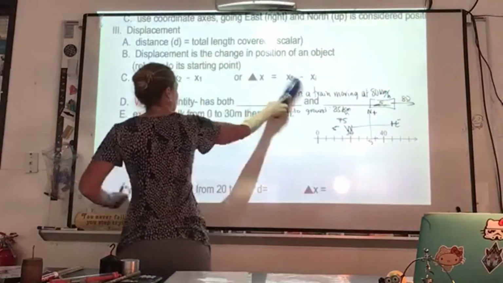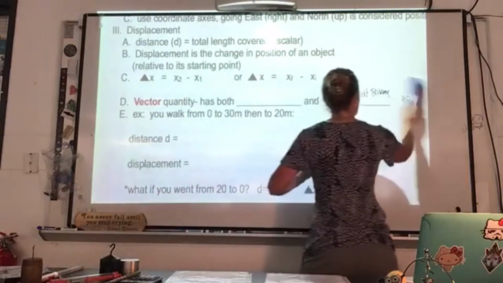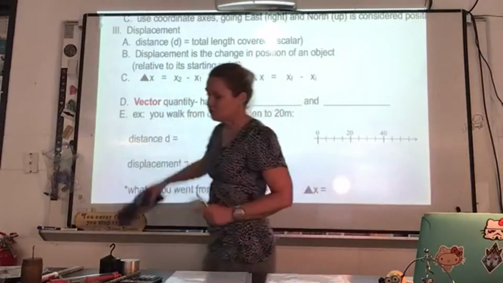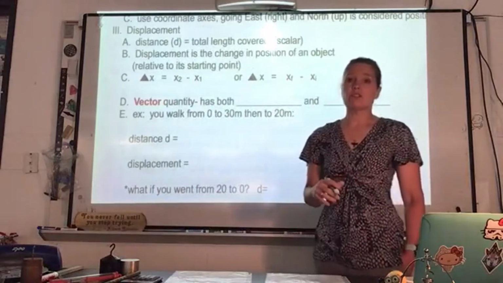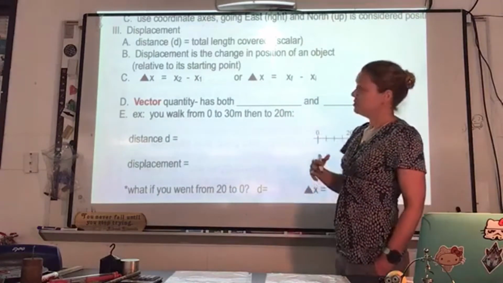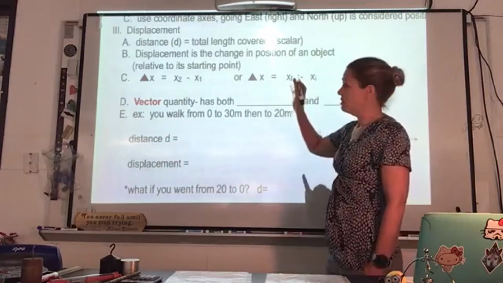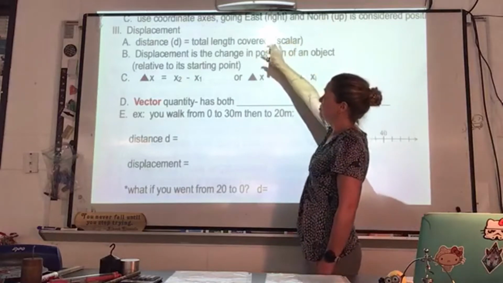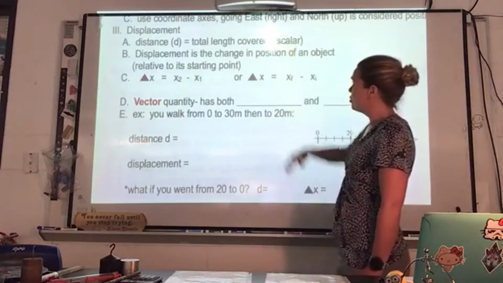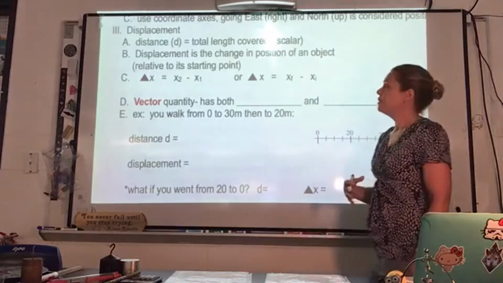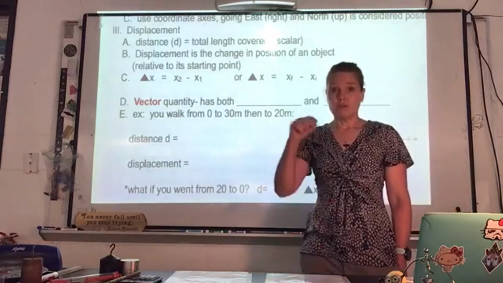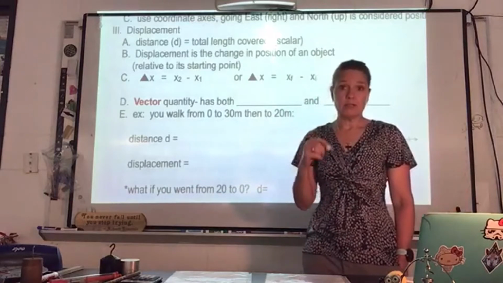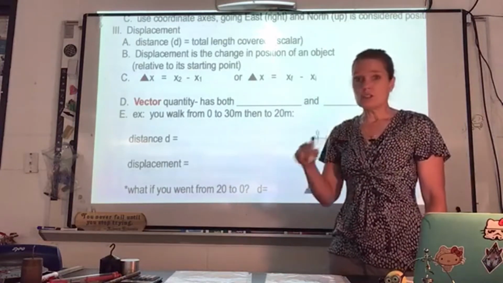All right, so let's talk about our first term that we need to know, and that is displacement. Now, if we're going to talk about displacement, let me first define what distance is. This one's the easy one. Distance, very layman's term, is the total length covered. That's what your car odometer measures: the trip meter, how far did you drive?